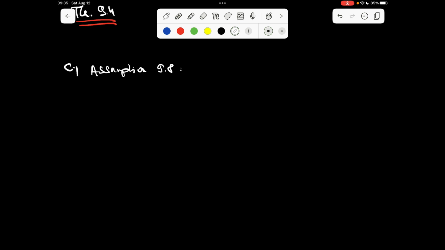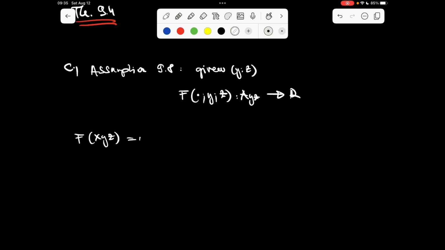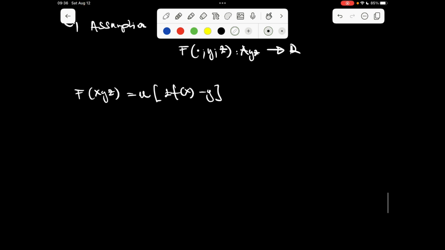Okay, so let's start with assumption 9.8. With given y and z, we need to show that the one period return function, given by this formula, is strictly increasing. We know that the one period return function can be described in this way, so we should use this form.